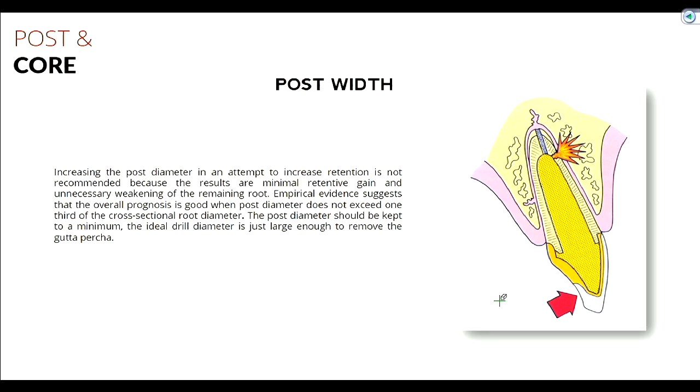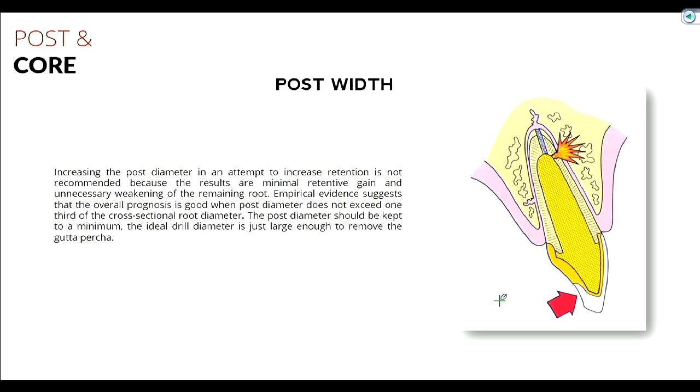These little kits come with drills in this big box. Each drill will correspond with a different post size. So just remember the last drill that you used. Once you see all the gutta percha gone, and if you're not sure, you can take a radiograph to see there's no radiopaque material along the walls. Once you've got that to the 5 millimeter apical seal, or 2/3, or the point of curvature, then you know you've picked the right width drill.